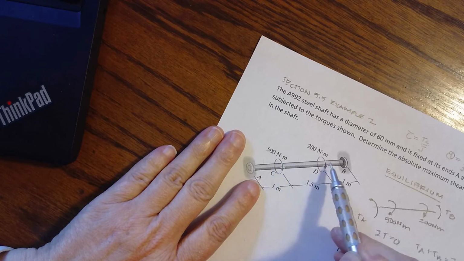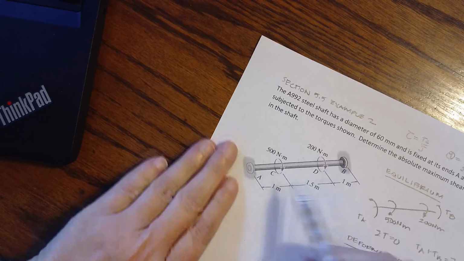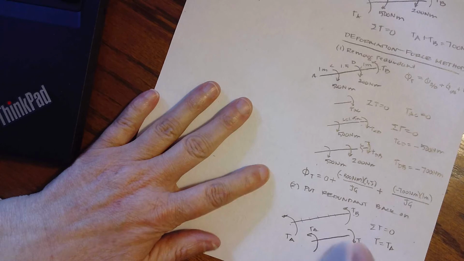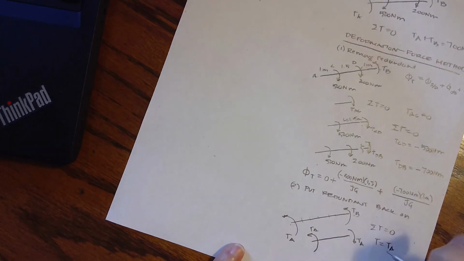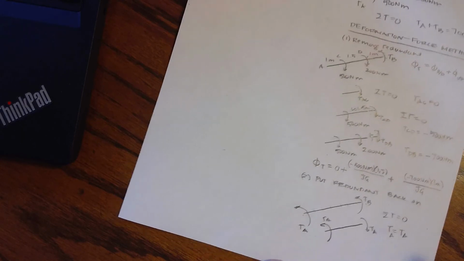If we had different materials, we'd also have to cut it and cut it and cut it, but it would still be that same torque at A that's causing that internal rotation. So the internal torque equals that torque at A that's putting it back into place.